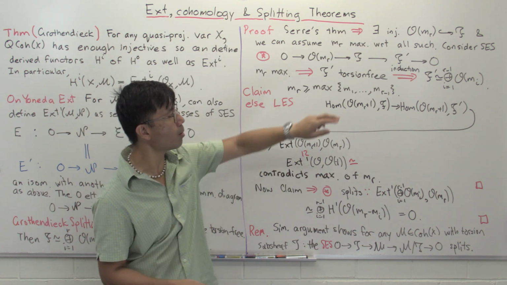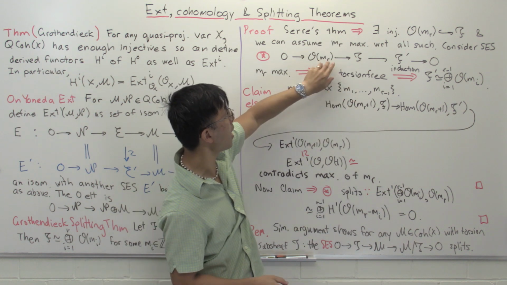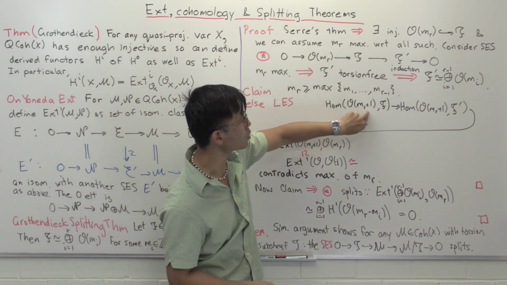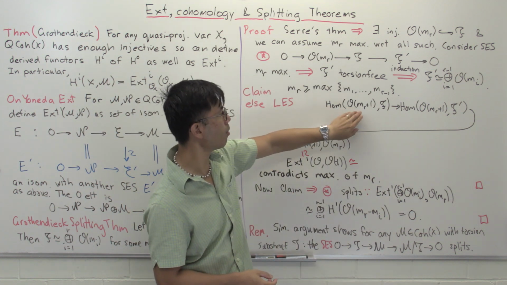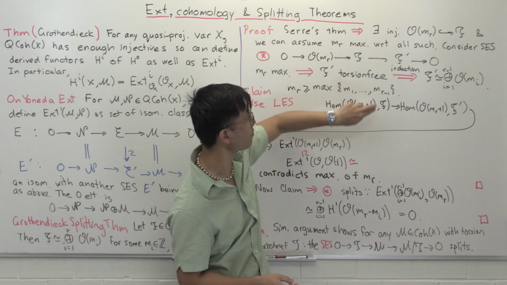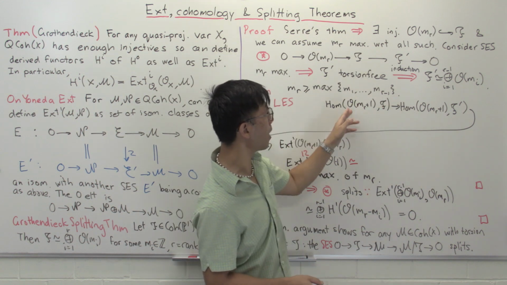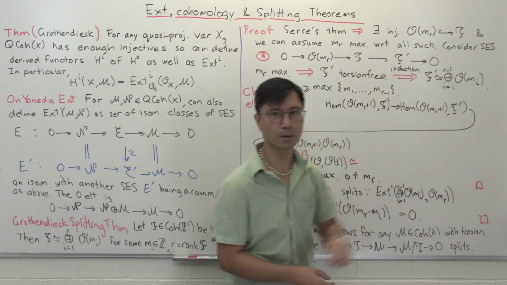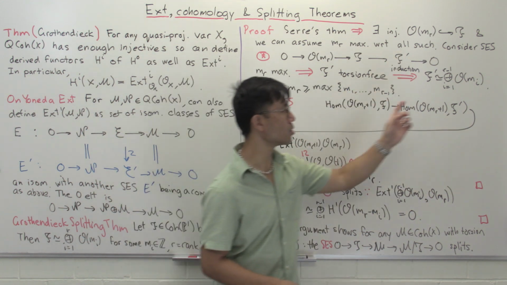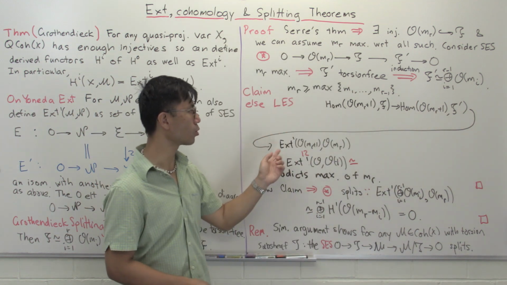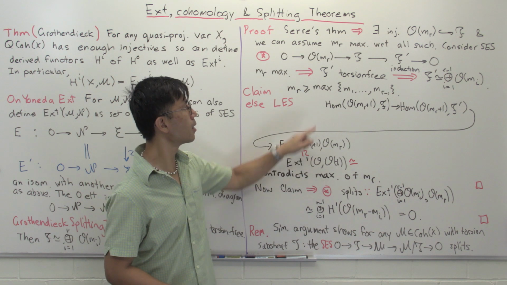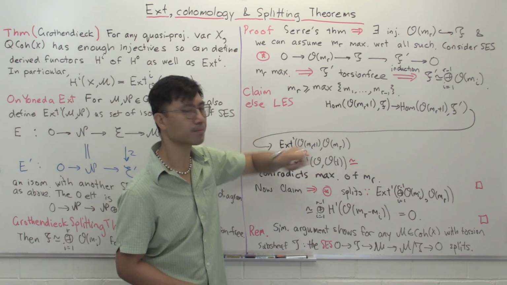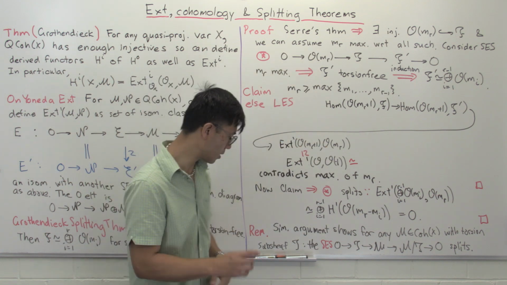I'm going to look at homomorphisms of OMR plus 1 into this short exact sequence. So look at homomorphisms of OMR plus 1 into this F, OMR plus 1 into this F prime, and then we use the connecting homomorphism and go up to the Ext1 of OMR plus 1 into this OMR. That's what we're going to use, and this is going to be critical.